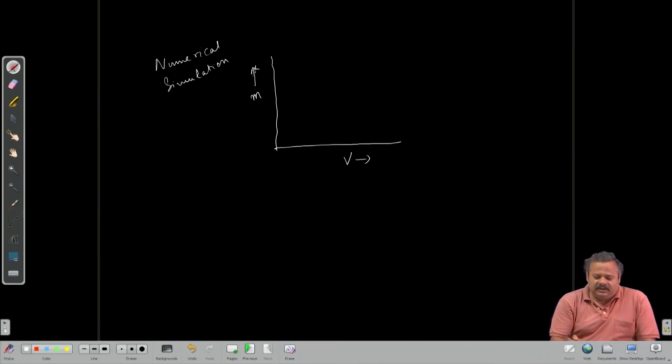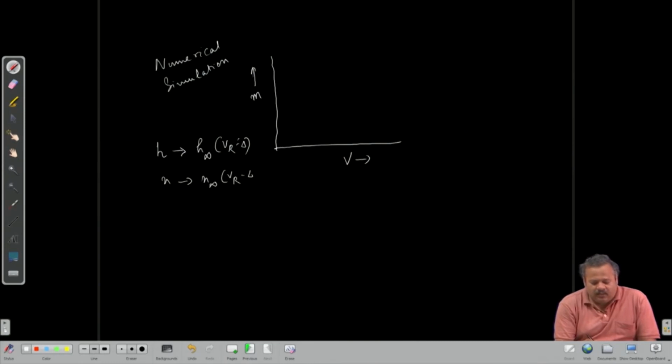As discussed in the previous slide, we are keeping H fixed at H infinity VR minus delta, and N is fixed at N infinity VR minus delta, which are their steady state values at the end of the current clamp.